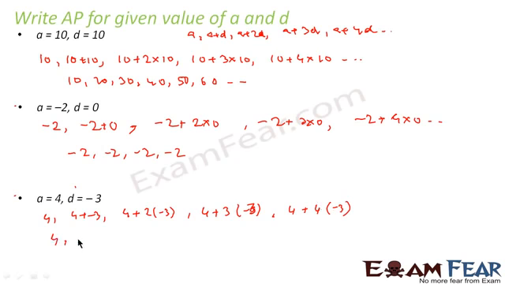So this becomes 4, 1, minus 2, minus 5, minus 8. Correct? Let's take some more examples.